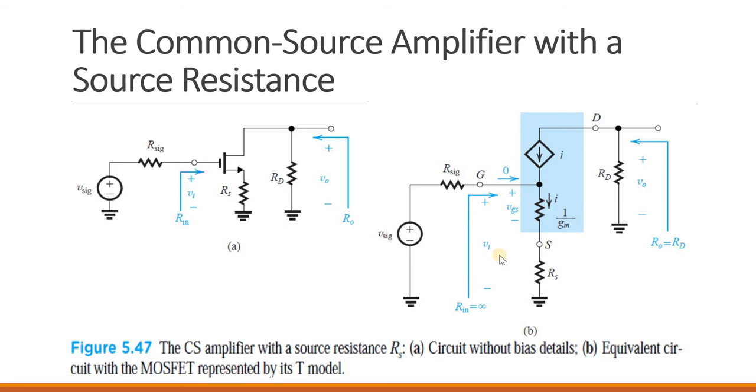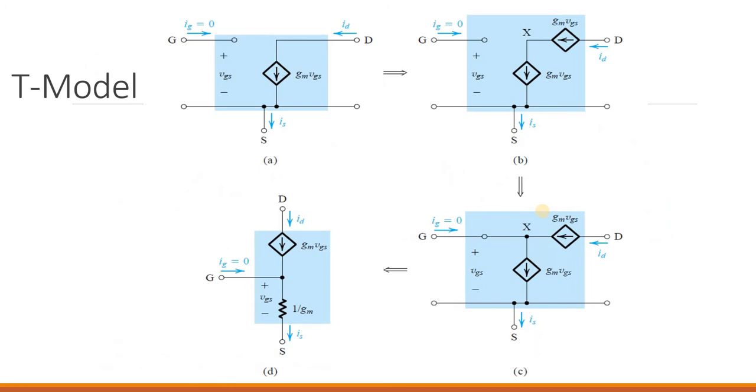So what is this T model? You see here how this T model is constructed. This MOSFET has been replaced by this current source and this resistance. The T model is derived from the hybrid pi model. From this we will be obtaining the T model.